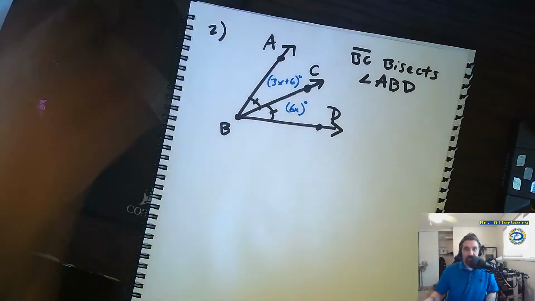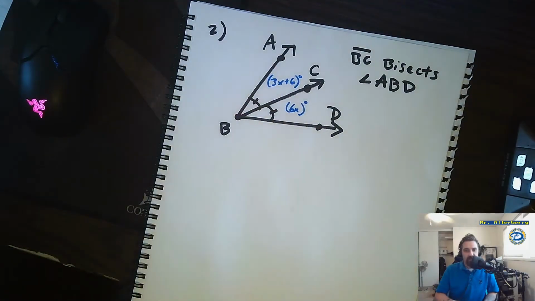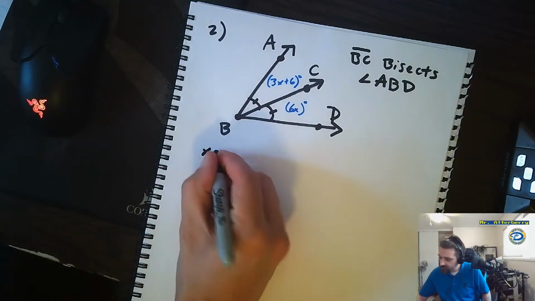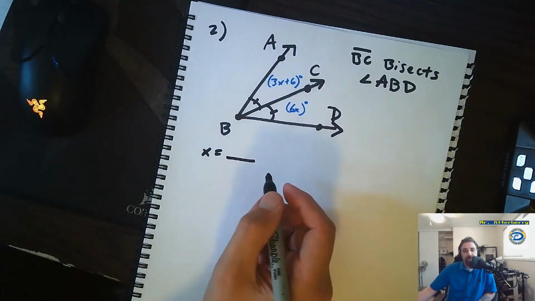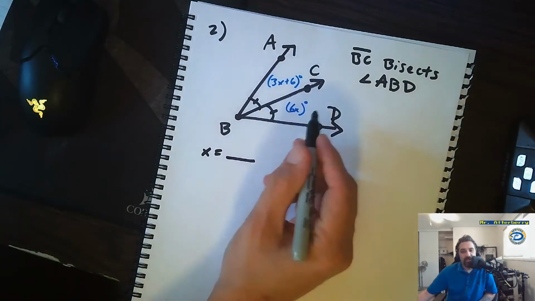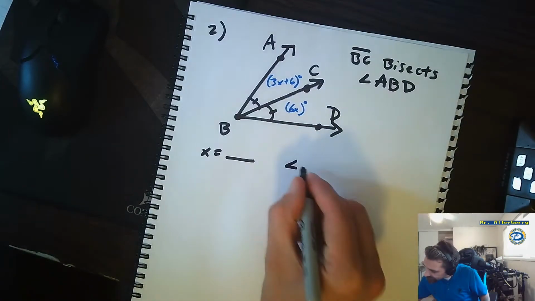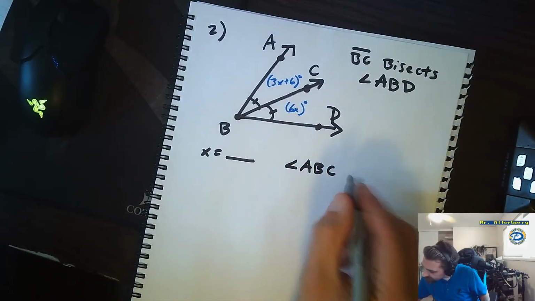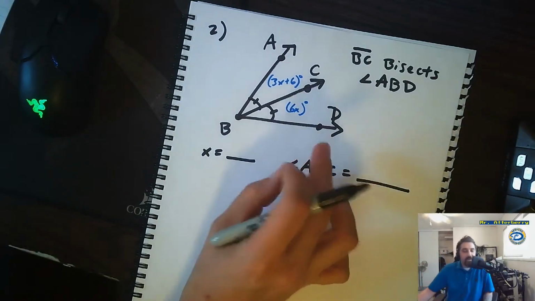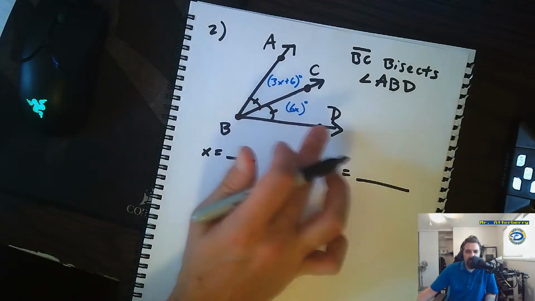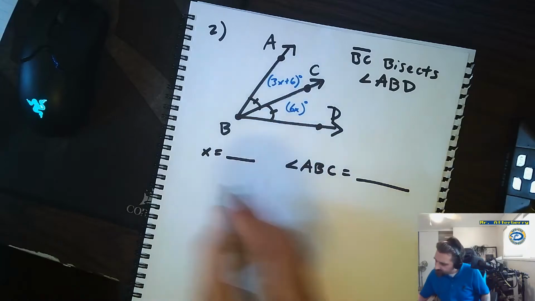But once again, we're trying to solve for a few things. We've got to first solve for x. We're then going to solve for angle ABC, and then also solve for CBD, which should be the same, right?